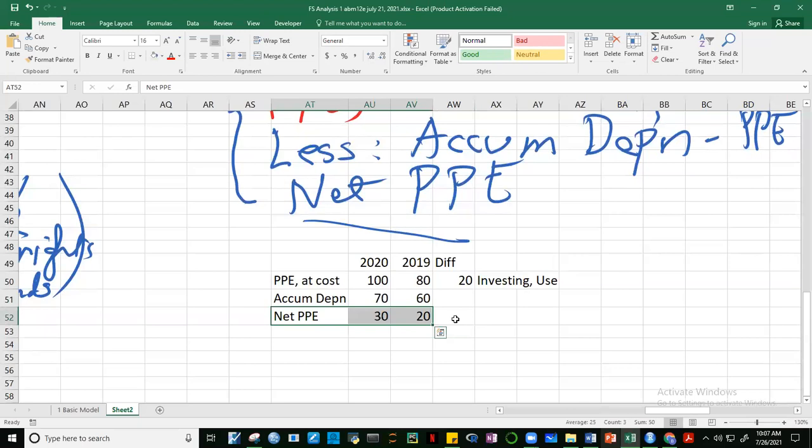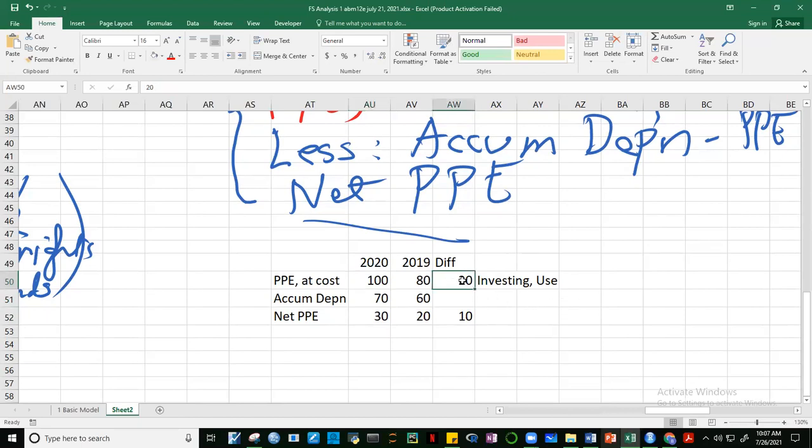Ilan yung difference dito? 10. 30 minus 20. How much was really the investment? How much was the additional investment, guys? Kasi 80 tayo nung 2019, naging 100. So magkano talaga in-invest? Yung additional investment? 20.